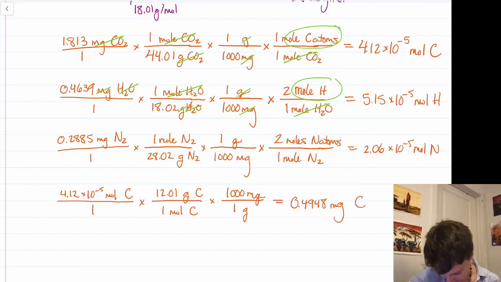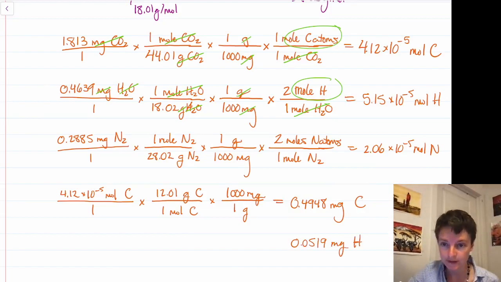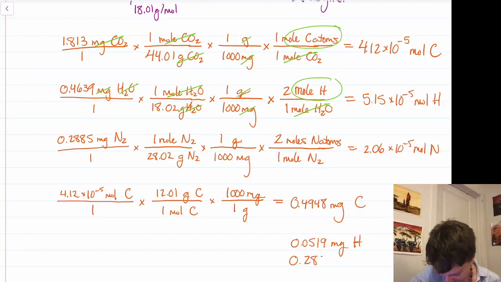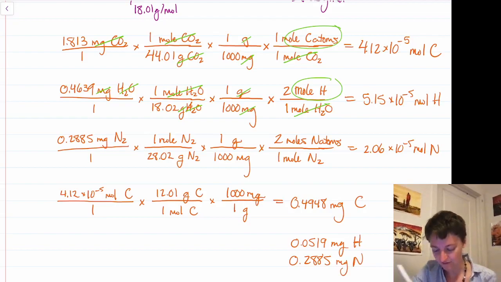A similar process is going to help me determine that I have 0.0519 milligrams of hydrogen. I have the amount of nitrogen that's given in the problem. Turns out all the nitrogen is nitrogen, so without doing any math, we can already determine that we have 0.2885 milligrams of nitrogen present.